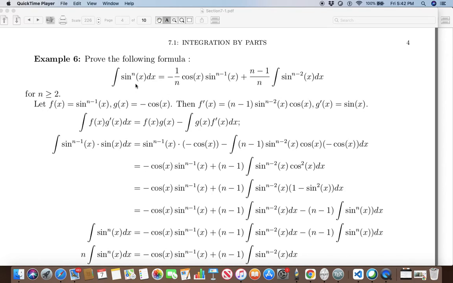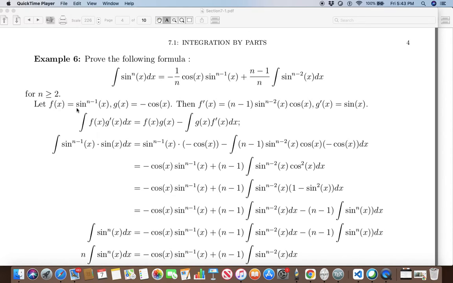So how do we approach this? Well, you split it as sine power n minus 1 times sine x. So the second factor is sine x, so g is the integral of sine, that's negative cosine. f of x is sine power n minus 1, g is negative cosine.